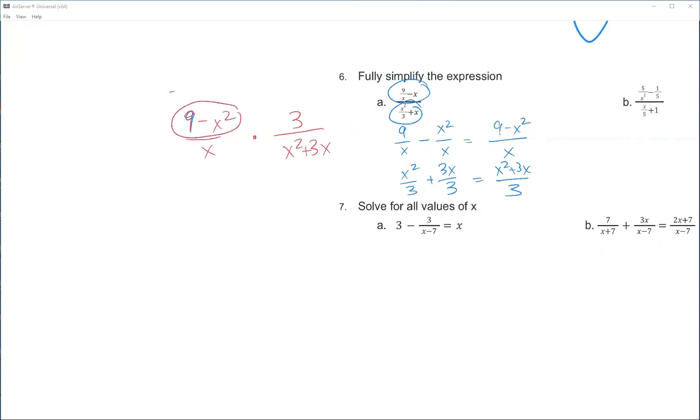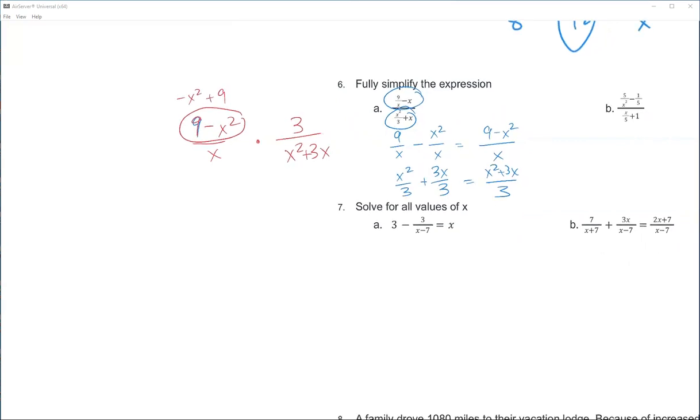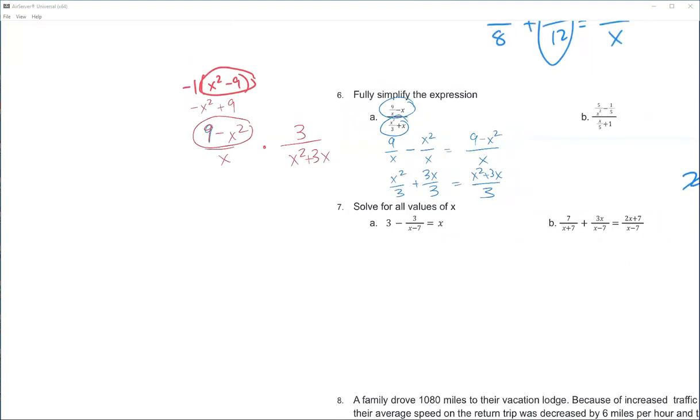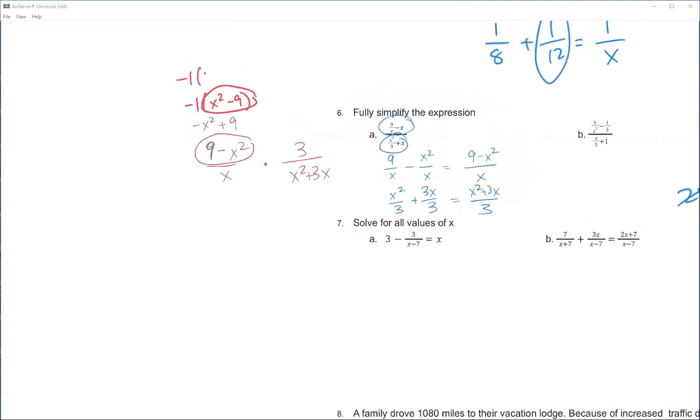So this is negative x squared plus 9. Factor out the -1, so this becomes x squared minus 9. This is the difference of squares. So that is now -1 times x plus 3, x minus 3.